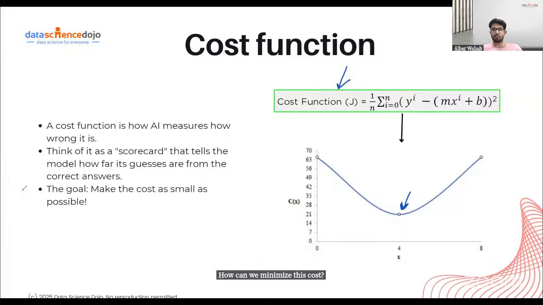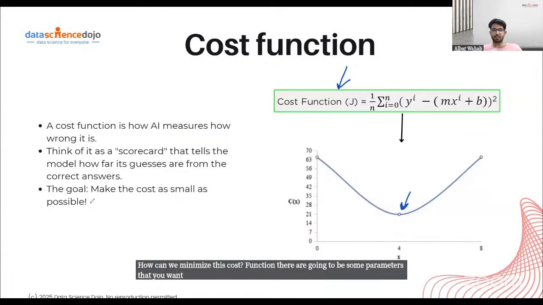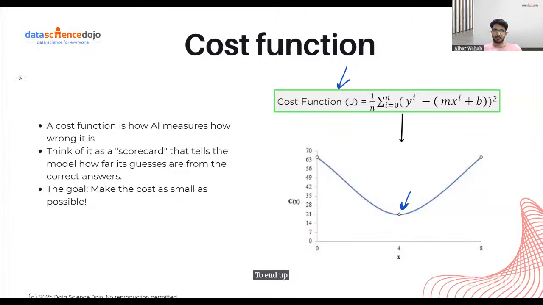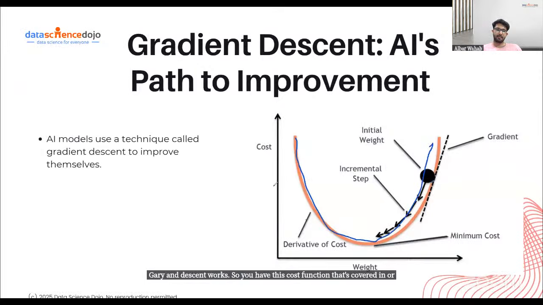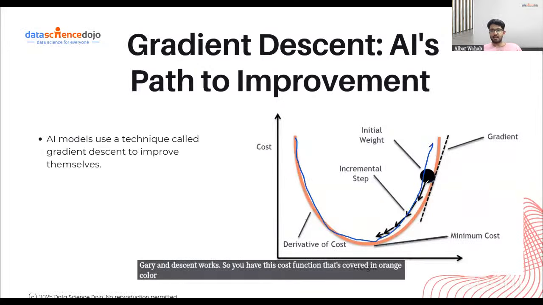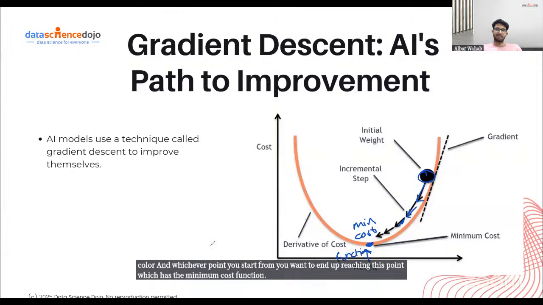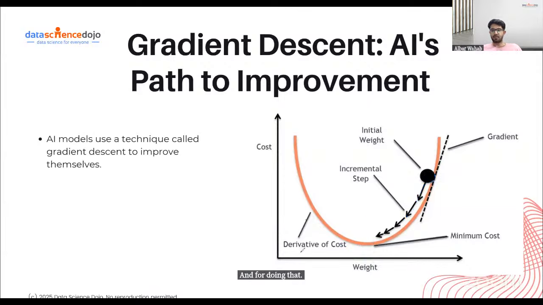There are going to be some parameters that you want to play around with to end up reaching that point. And for doing that, gradient descent works. So you have this cost function that's covered in orange color. Whichever point you start from, you want to end up reaching the point which has the minimum cost. And for doing that, you will be using something called the derivative of that line.